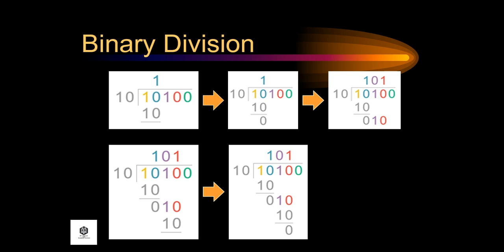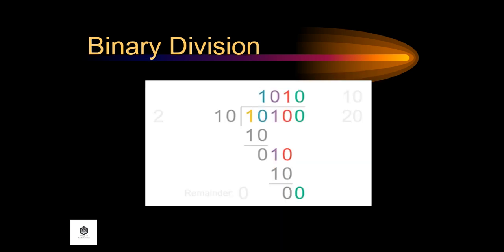Bring down the next number, which is 10. Then 010 divided by 10 is still 01. Then 01 times 10 is equal to 10. 10 minus 10 is equal to 0.